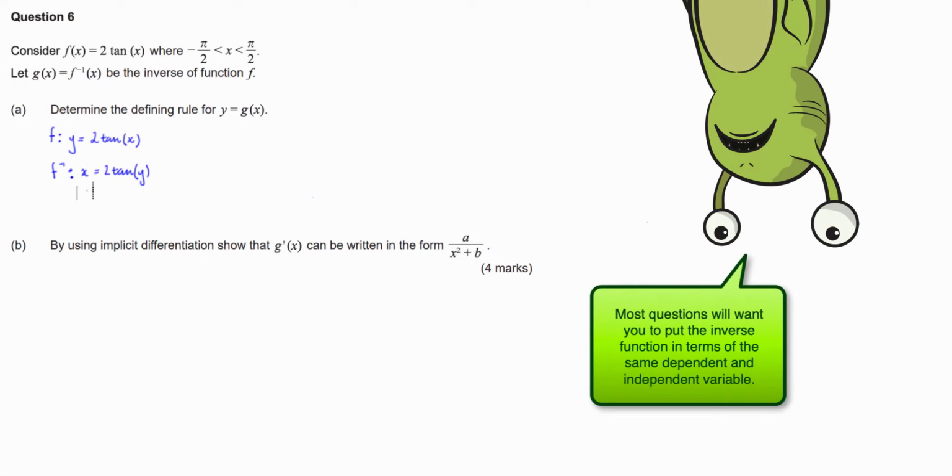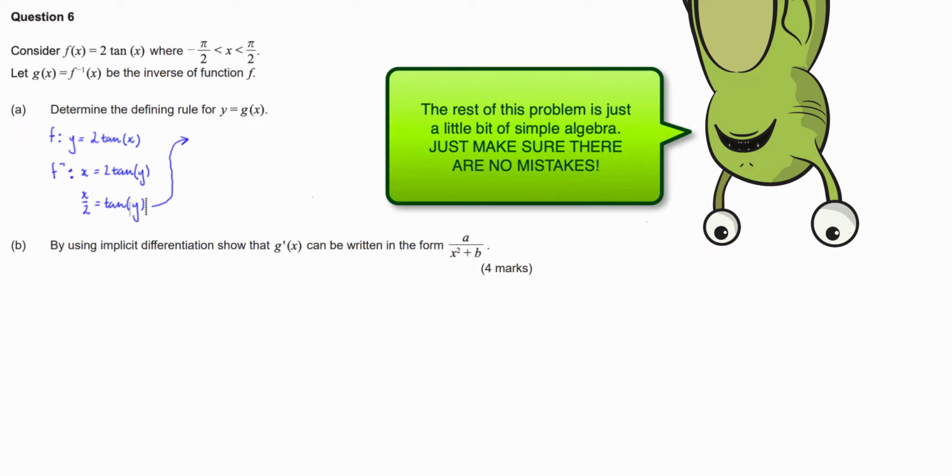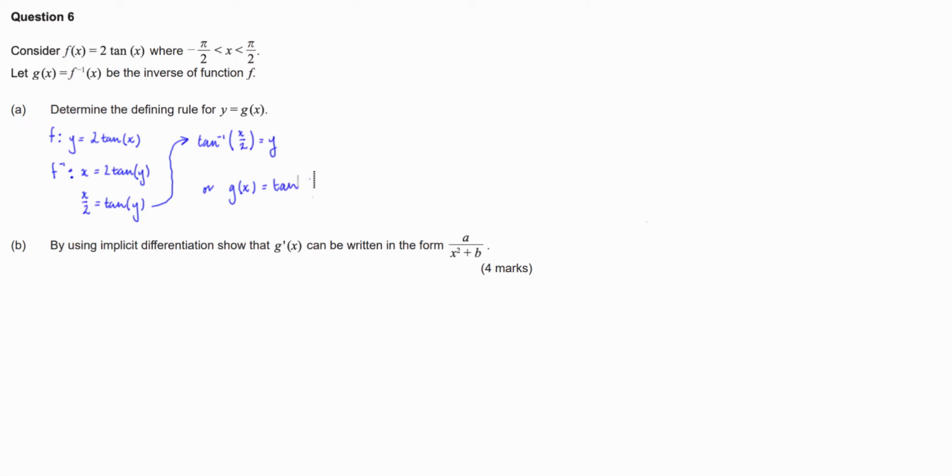So I can start with x over 2 is equal to the tan of y. And then I can take the inverse tan of both sides, and I'm left with y equals tan to the negative 1 of x over 2, or g of x is equal to tan to the negative 1 of x over 2.